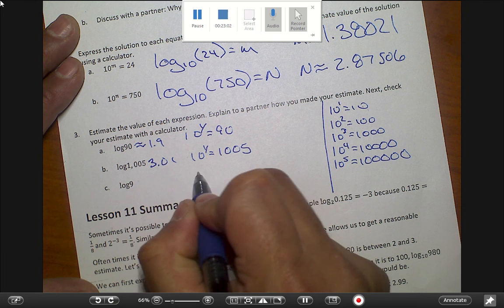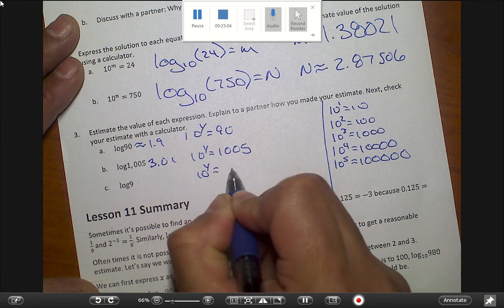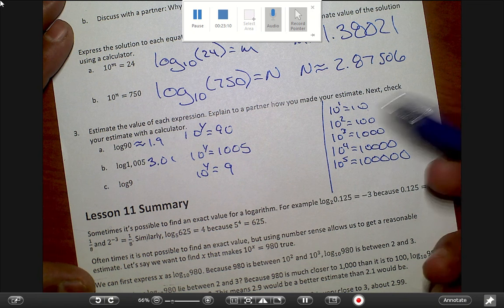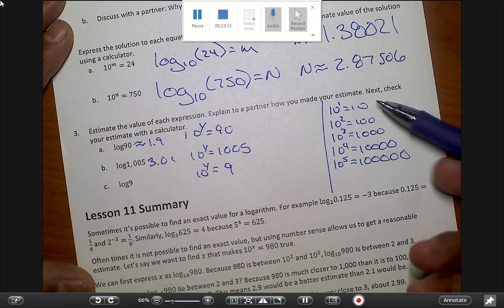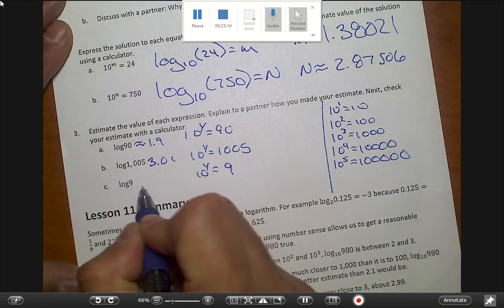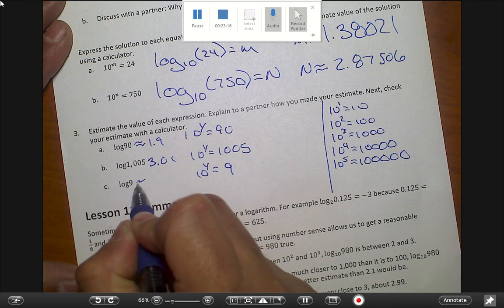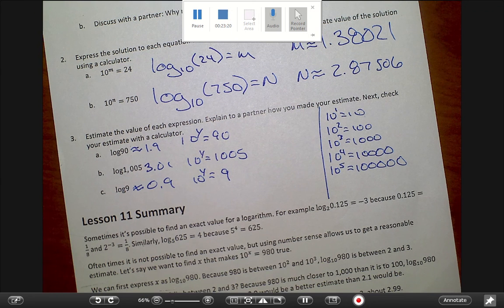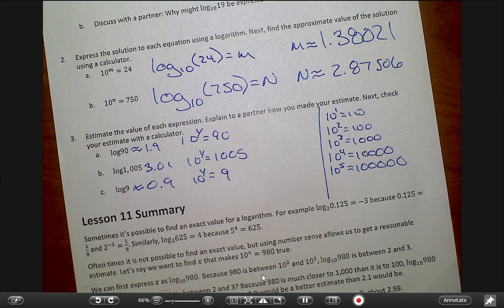Now this one is going to be 10 to the y is equal to 9, right? Okay, 0.9, right? Because it's going to be between 0 and 1. So we're going to say that one's going to be about 0.9. Let's see what we get on that one in the calculator.